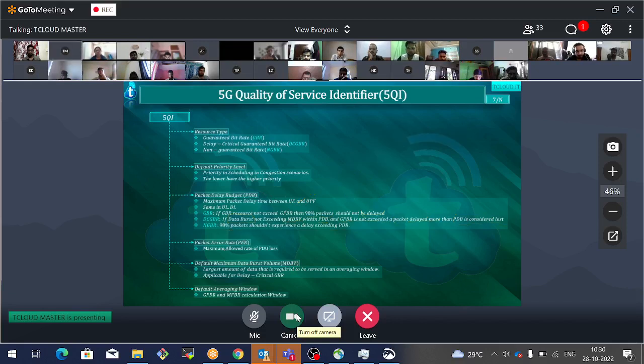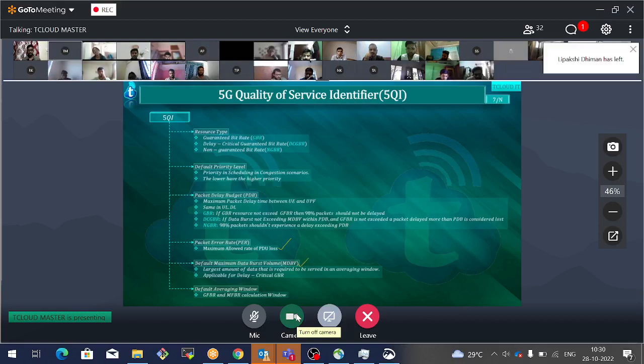Packet error rate: the maximum allowed rate of PDU loss. How many PDUs are allowed to be lost? Are tolerable. Even if they are lost, we are okay with it. Default maximum data burst volume, MDBV, which is applicable, as we have seen, for the delay critical GBR cases, not applicable for GBR and NGBR cases.